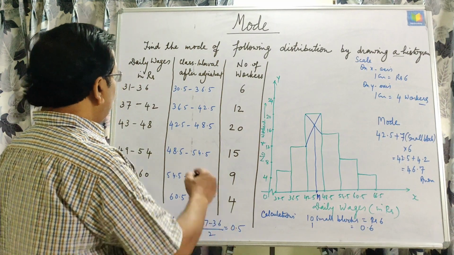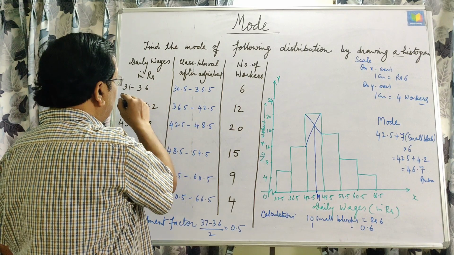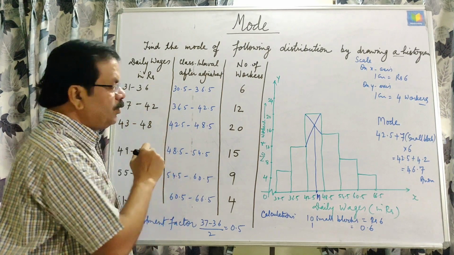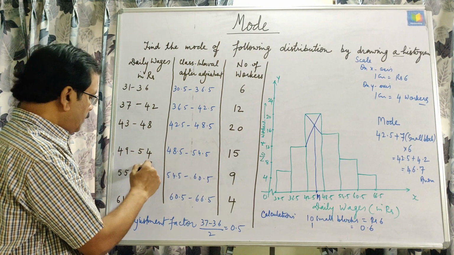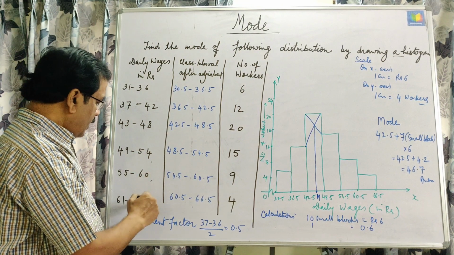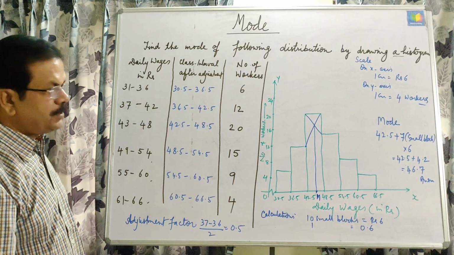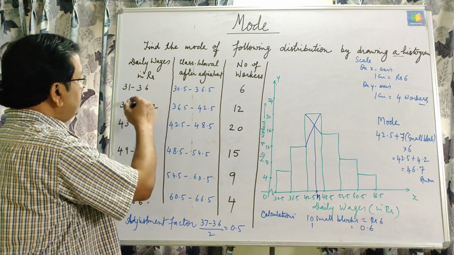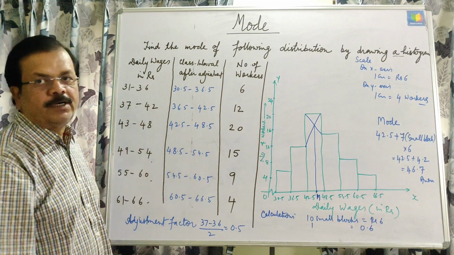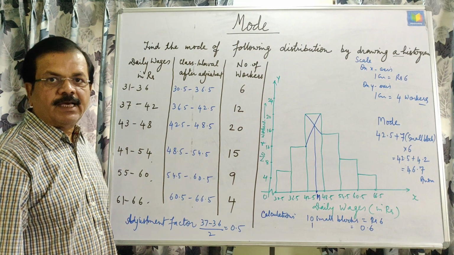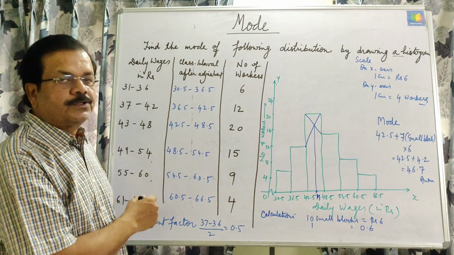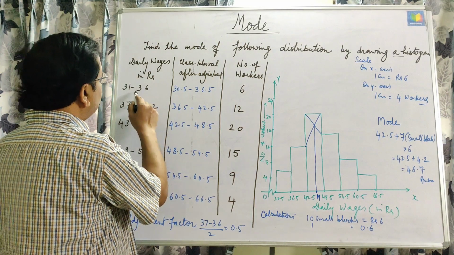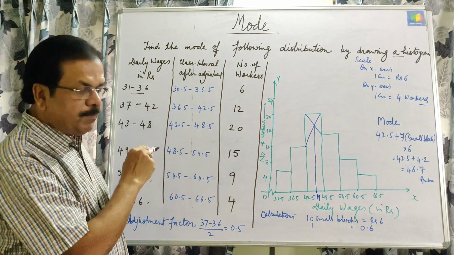Now you are given this data: 31 to 36, 37 to 42, 43 to 48, 49 to 54, 55 to 60 and 61 to 66. You can see these data are not continuous, and then we cannot draw a histogram with the help of this. For drawing histogram, we should make this continuous. How can we make it continuous?